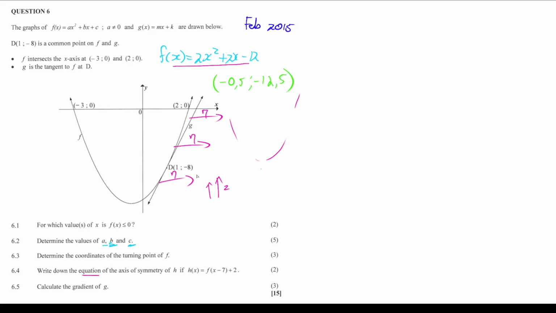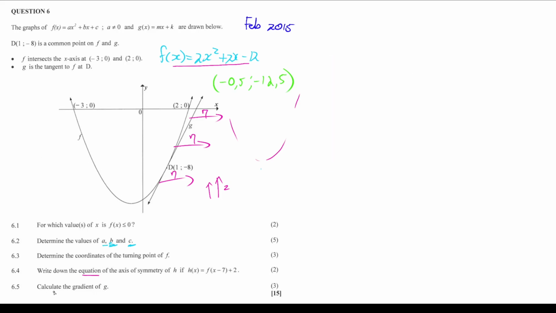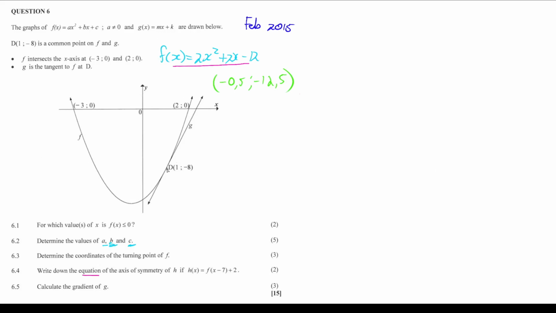Okay, last one, and this one is for the matrix only, because for the grade 11s, you won't be able to do that one. Not yet. They ask for the gradient of g. Just the gradient. And g is a tangent to the parabola.